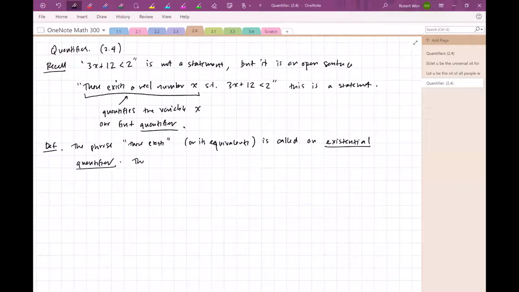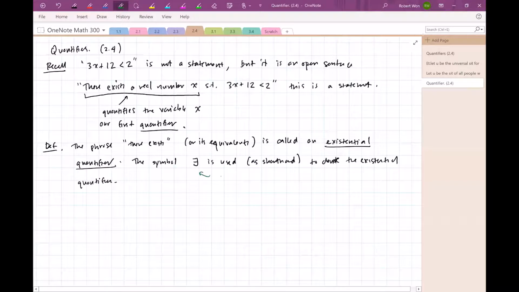There's a symbol that we use for this in shorthand, and it's a backwards E. E for exists is used as shorthand to denote the existential quantifier. And this symbol is backslash exists in LaTeX.